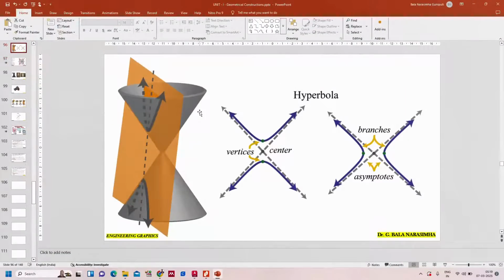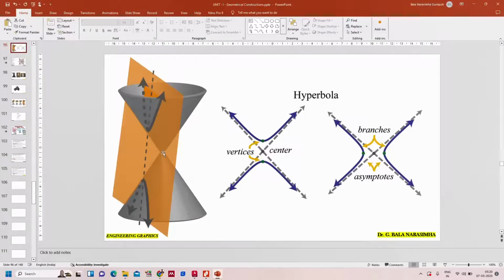You can see here this is a right circular cone. When you cut the right circular cone with a section plane, you will get two branches of hyperbola. You can see this is one branch of hyperbola and this is another branch, and exactly this apex point is the center point for both the branches of hyperbola.